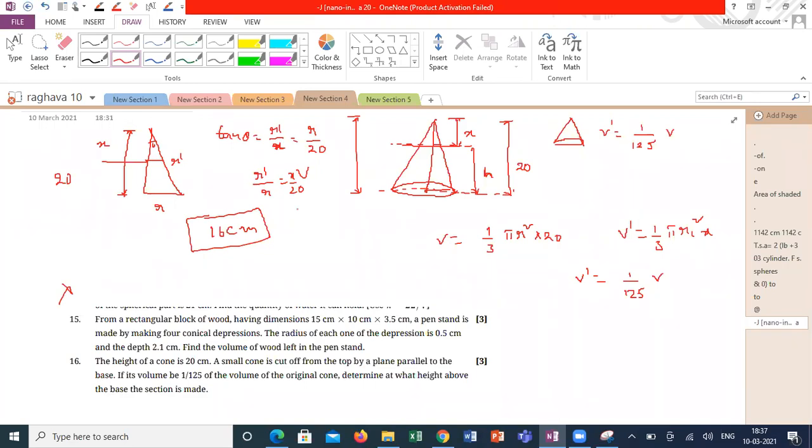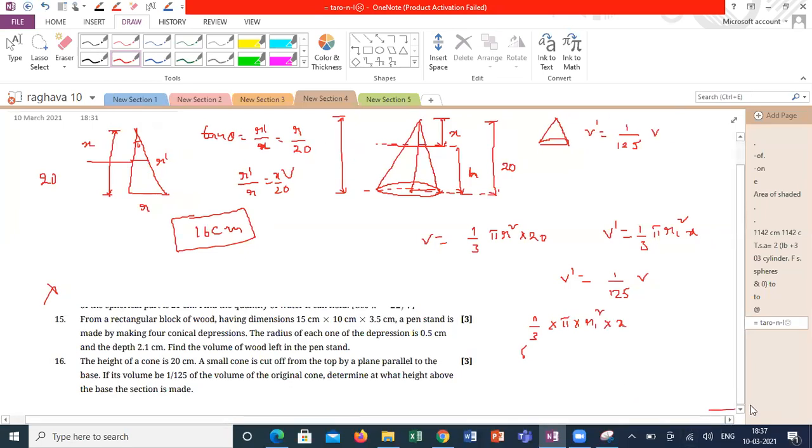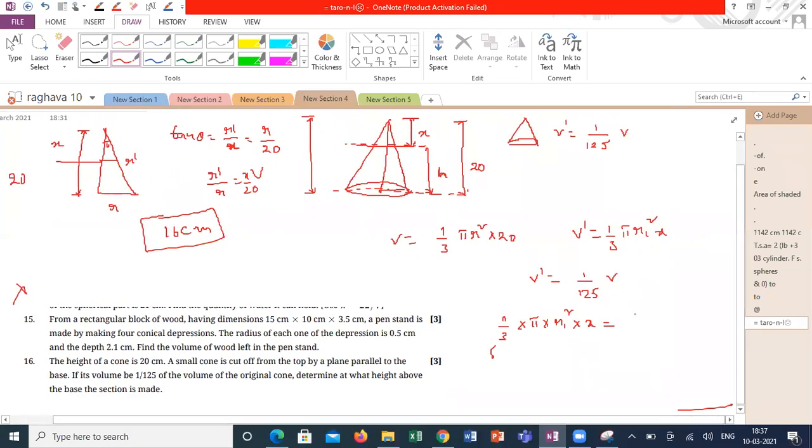Sir, no, sir. Actually, I did up to V dash is equal to 1 by 125 V, sir. For that I got an equation, sir. V dash is 1/3 pi r dash square into x, correct? Yes, sir. And what is V? 1 by 125 into 1/3 pi r square h.